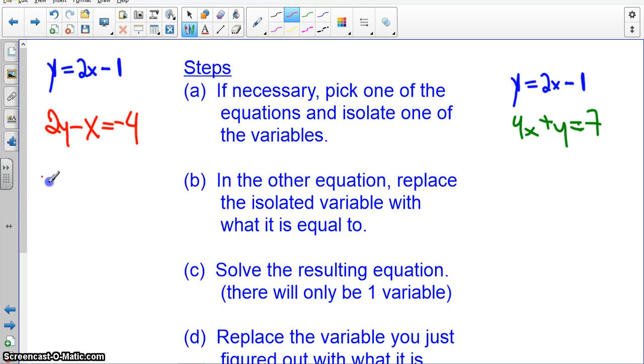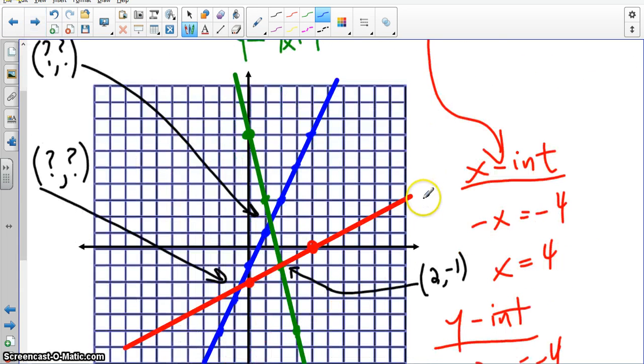So then what I've got to do is write 2, and then in parentheses leave a space, minus x equals negative 4. Okay? And then the 2x minus 1 goes in here, because that is y. It's the same thing. Okay, and then remember the color coordination on the graphs from class.